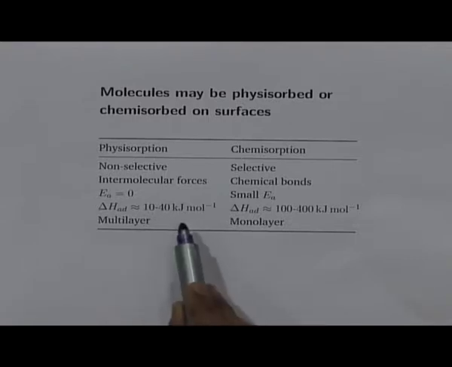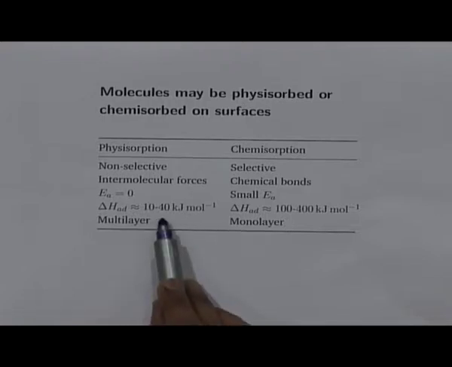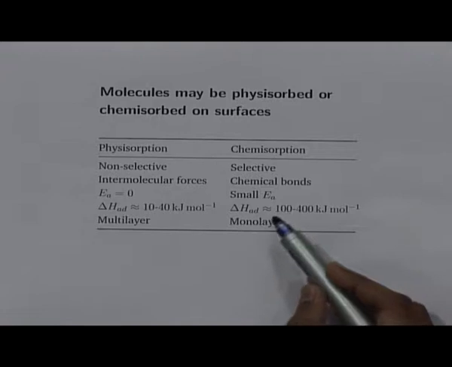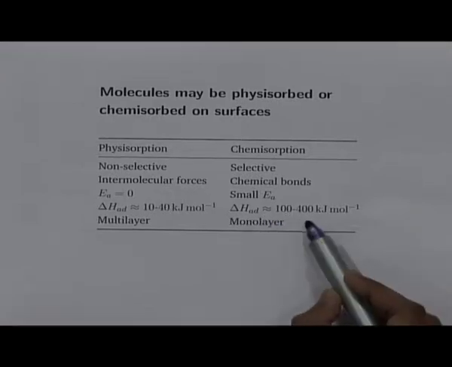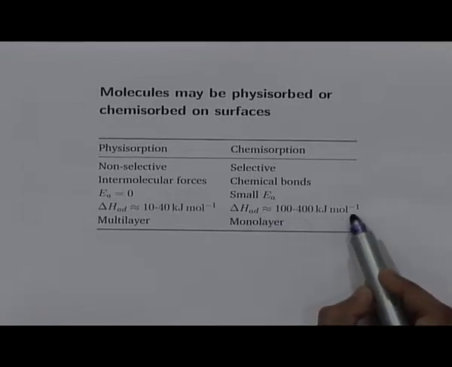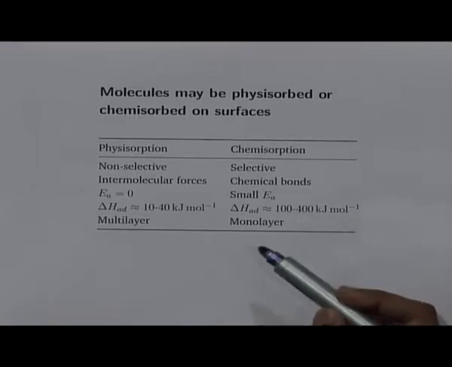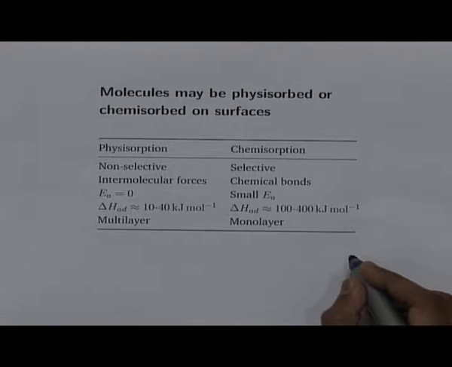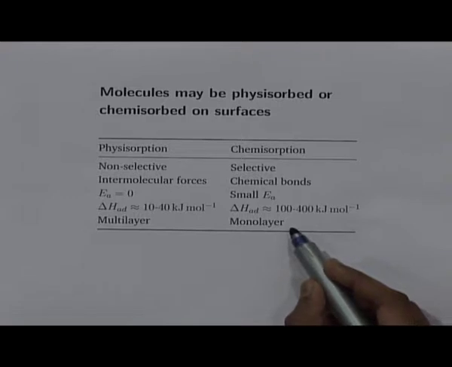And we also said that these numbers may differ based on the kind of book that you look at. The enthalpy of adsorption for chemisorption would be 100 to 400 kilojoules per mole. And because the adsorbed species forms a chemical bond with the surface, in the case of chemisorption you can only have monolayer adsorption.